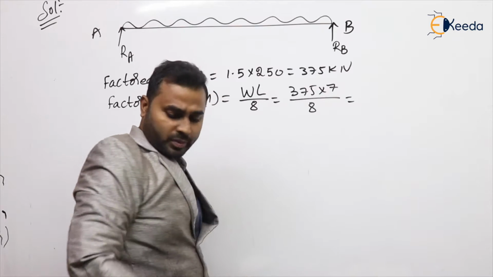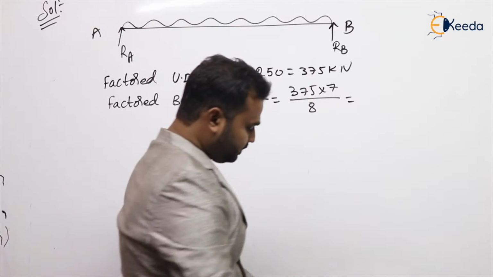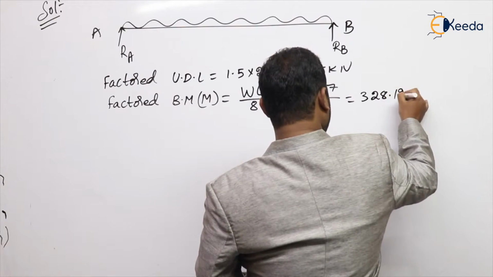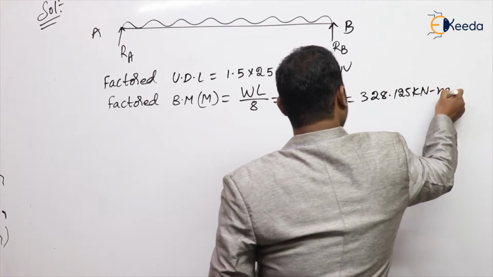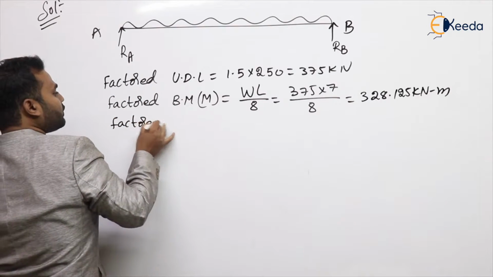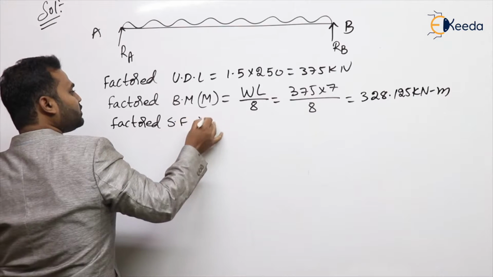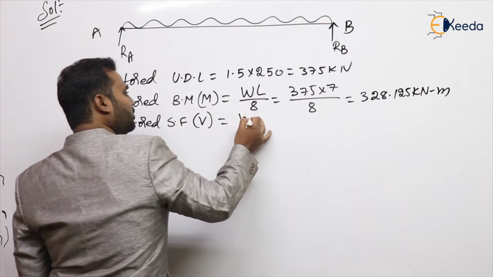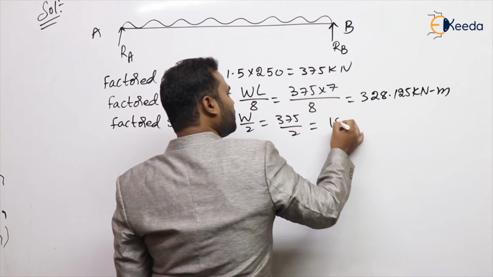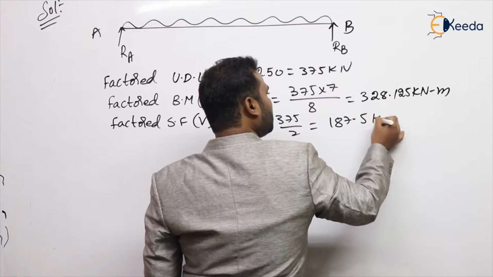This comes out to be 328.125 kilonewton meter. In the same way, factored shear force or calculated shear force, one and the same, is represented with V, so that is W by 2. It means 375 by 2. That comes out to be 187.5 kilonewton.